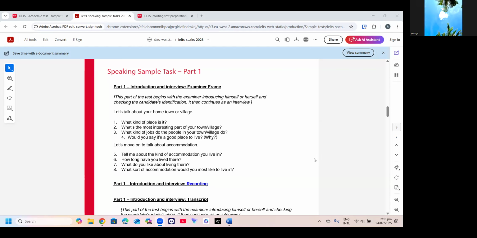Ding Lam, can you see it says speaking sample task 1? Yes, I can see. Good. Nguyen, can you see that? Yes, I can. Great. So this is just a summary of the IELTS speaking test. I'm sure you know already, the speaking test has 3 parts.